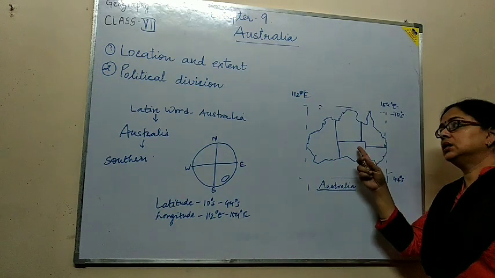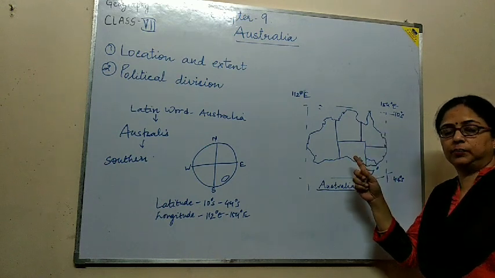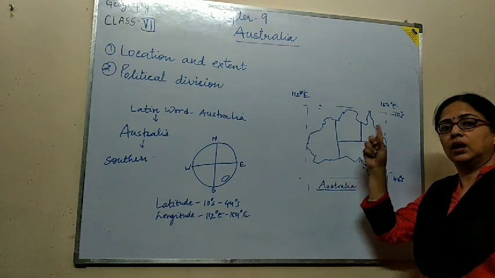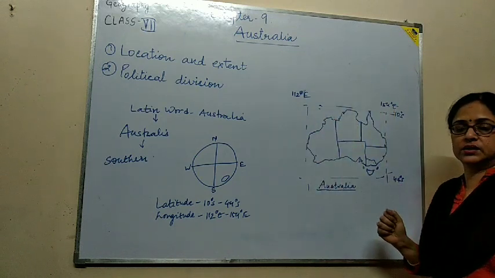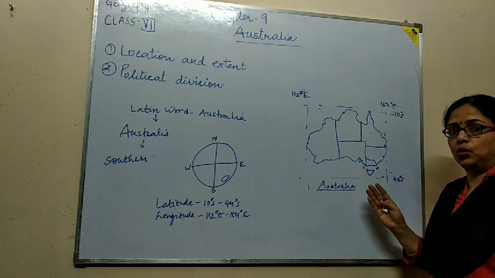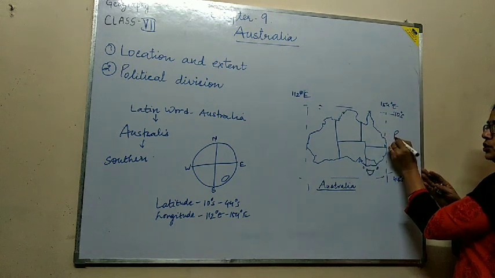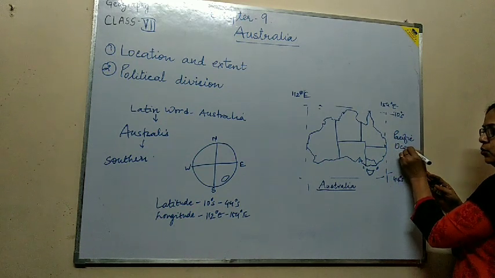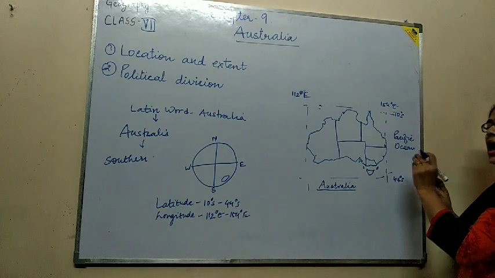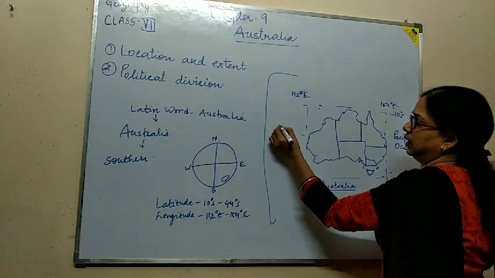Now, the continent is also called a watery continent or an island continent, as it is surrounded by water from all sides. To the east of Australia is the Pacific Ocean, and to the west is the Indian Ocean.